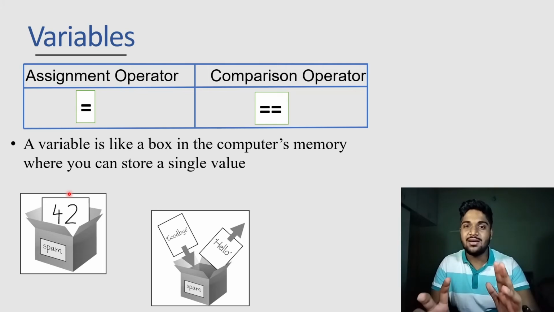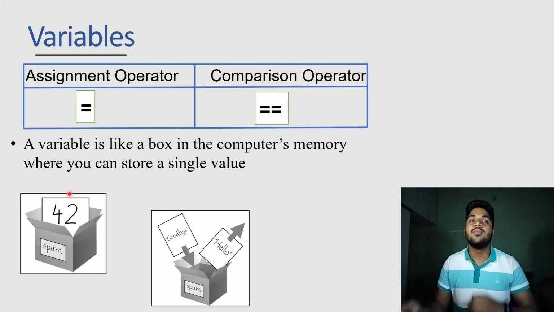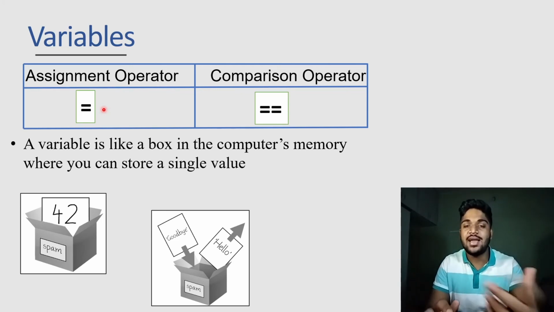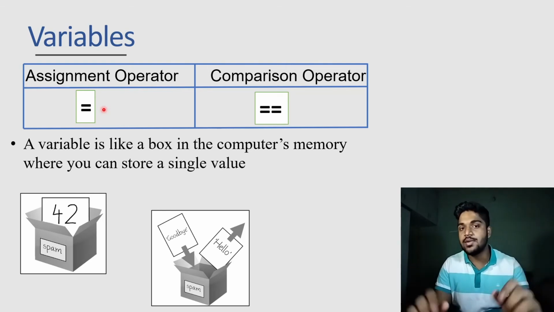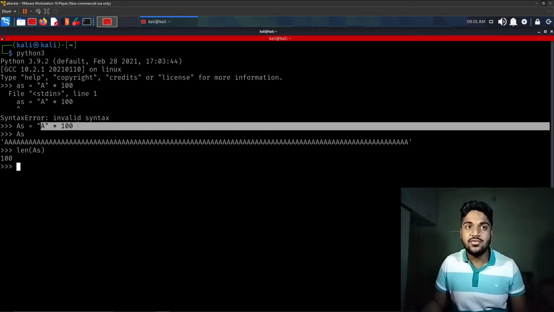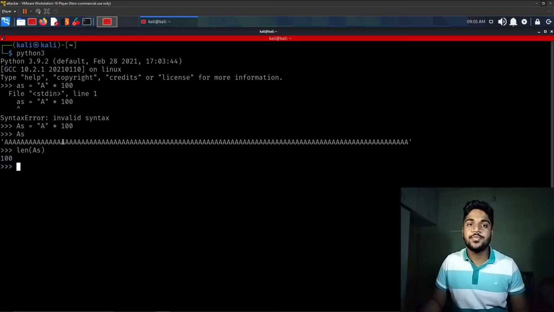People often get confused between these two, because with an assignment operator, you are assigning some value to a variable. Assigning, like when we assign a task to someone, it is similar to that. As you saw here, this is a single equal to symbol, which means I am assigning this value to this variable.